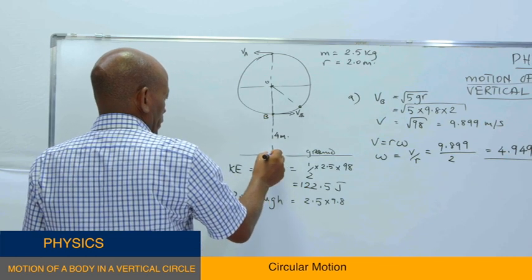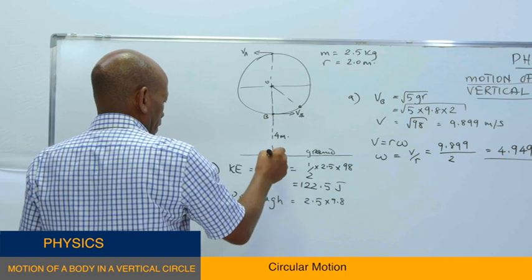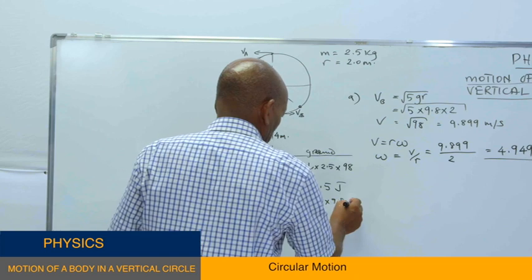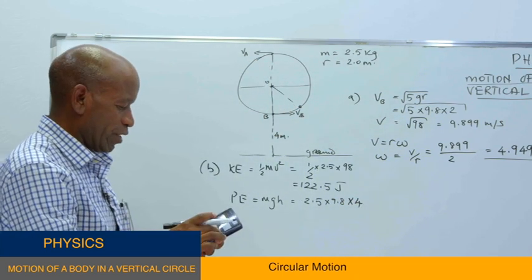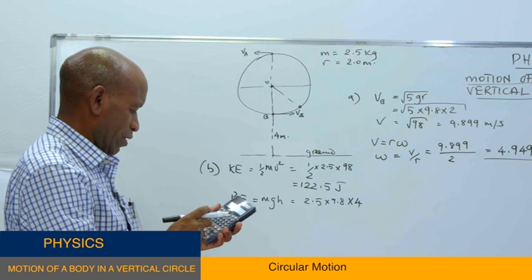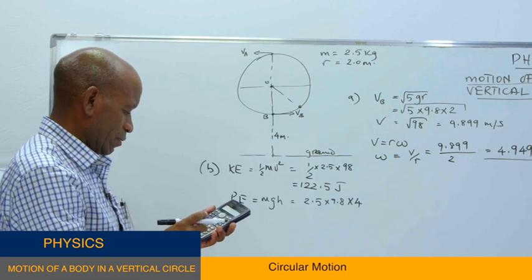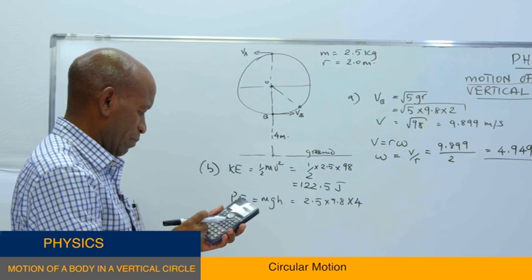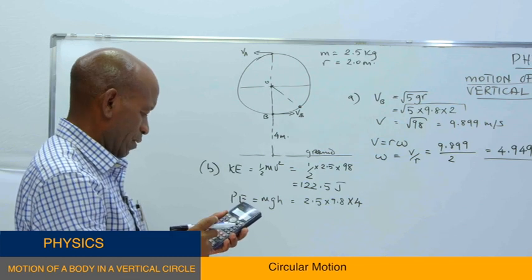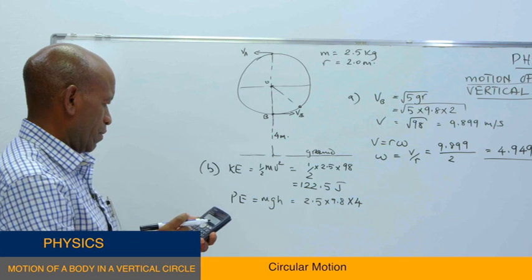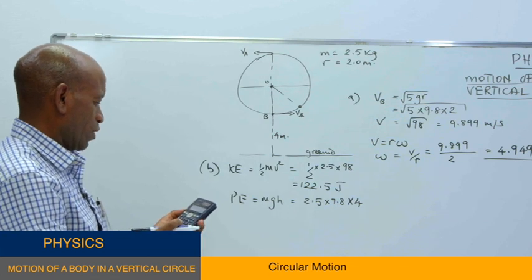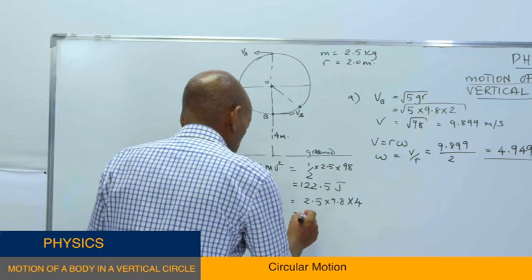So the potential energy will depend upon this height of 4 meters. We multiply by 4 to get the potential energy. So we are taking 4 times 9.8 times 2.5. We are just going to get 98.